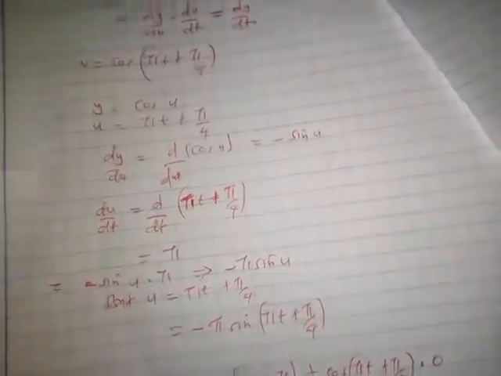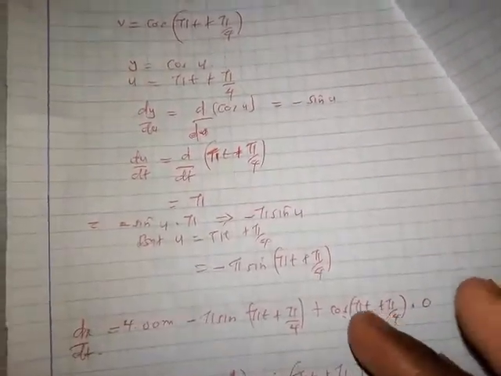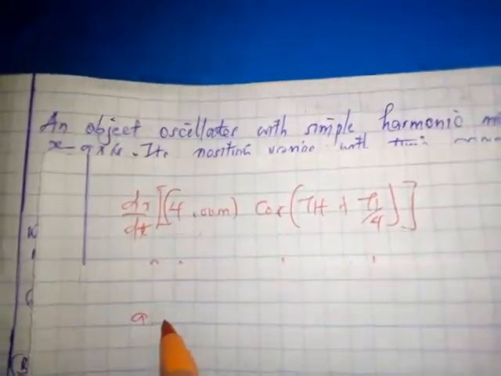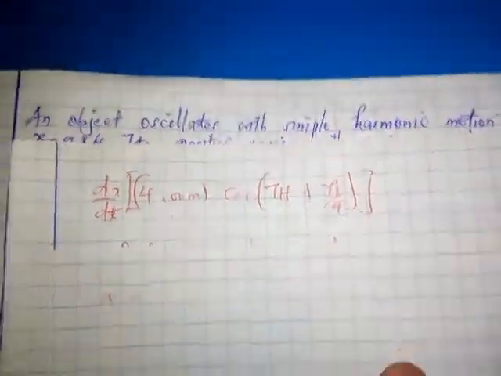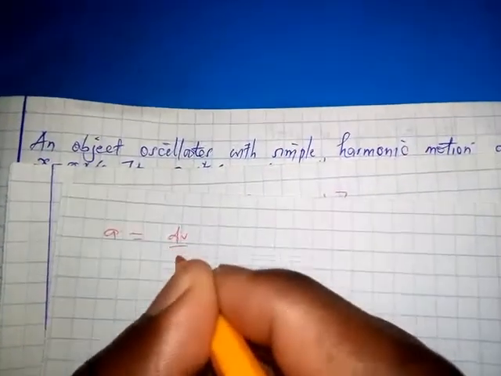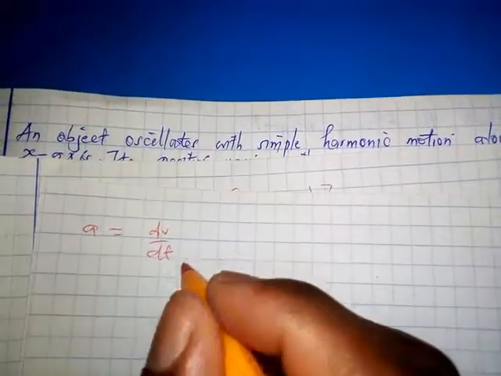We will differentiate this. The same process. So our acceleration a will be equal to dv/dt. Remember, v is the velocity.